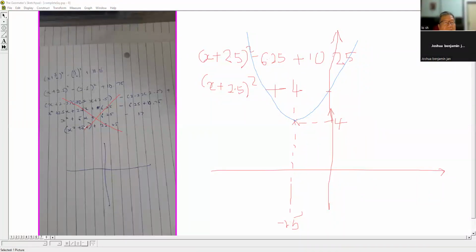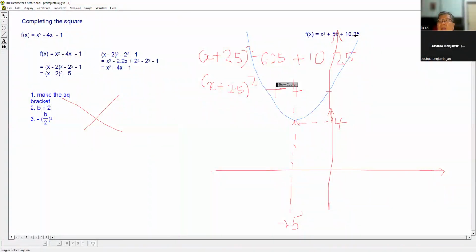This point will be the original one. The original one is 10.25. So this is 10.25.